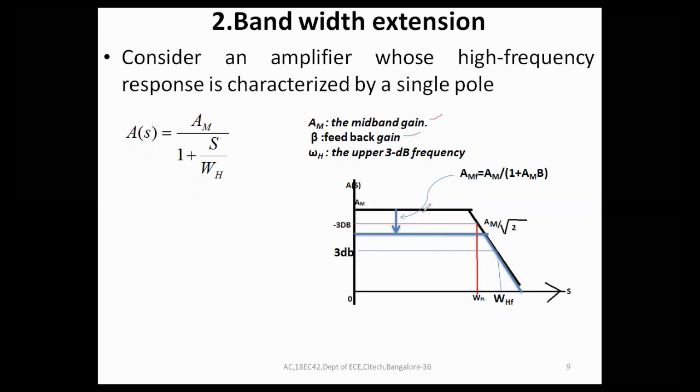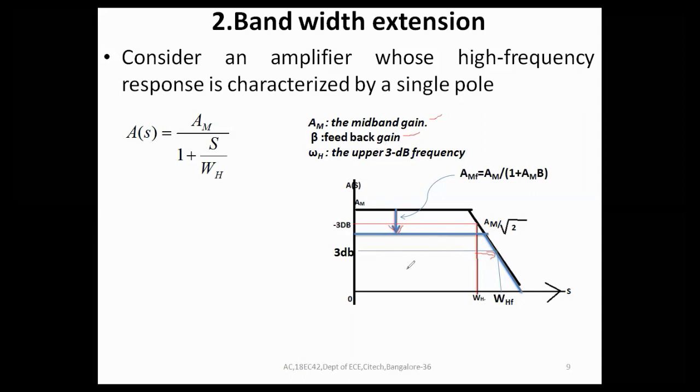If feedback is applied to the single pole high frequency response, the mid-band gain decreases. If the mid-band gain decreases, the higher cutoff frequency increases to compensate. We should show mathematically how it increases.